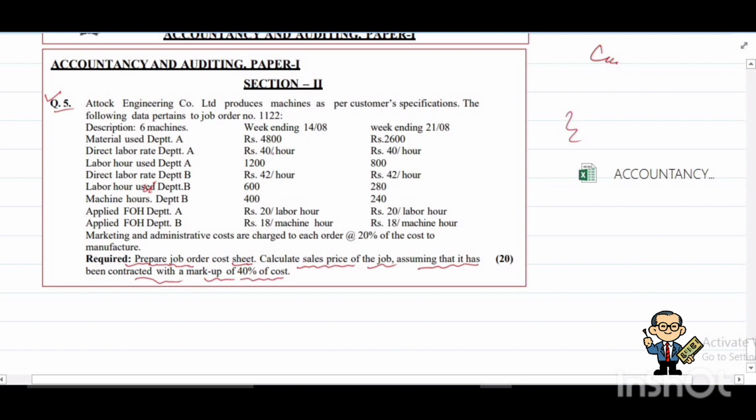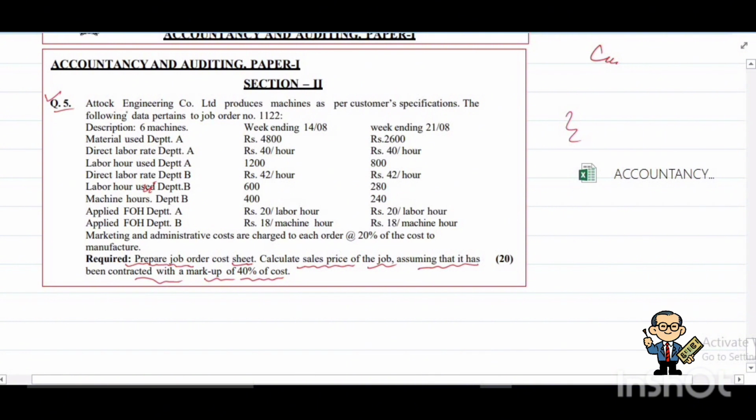In the question there is no total cost given, the cost has just been split. We have to calculate the total cost, then go for the markup, and then calculate the actual figure, that is the sale price. Okay, let me read the question.